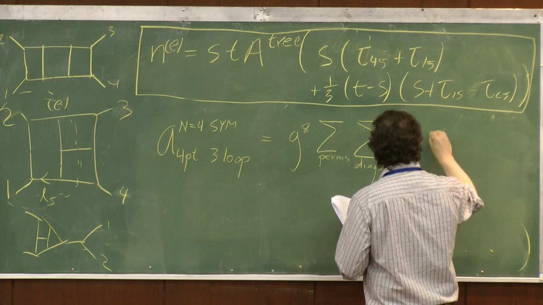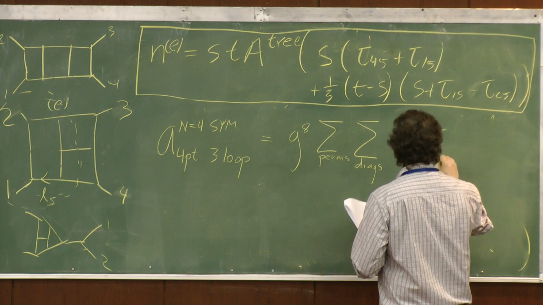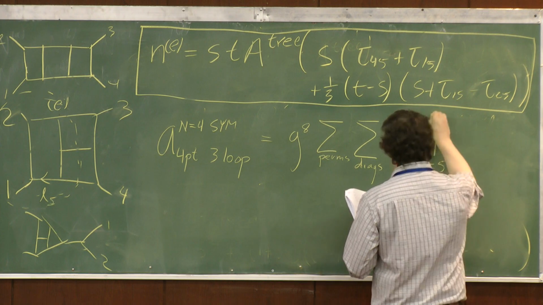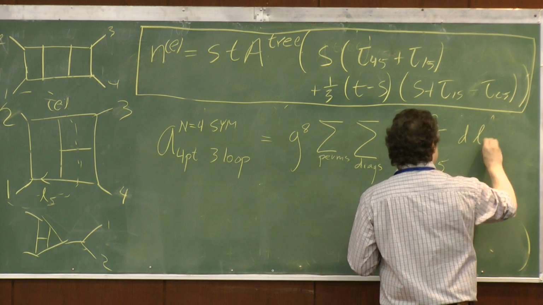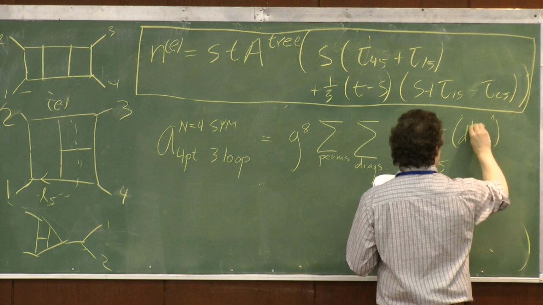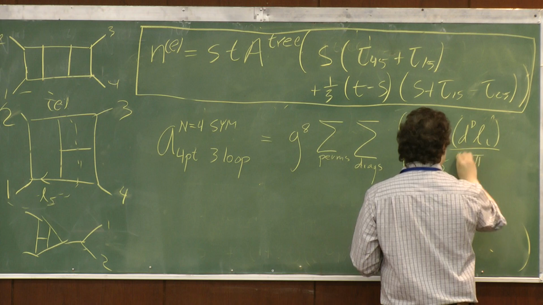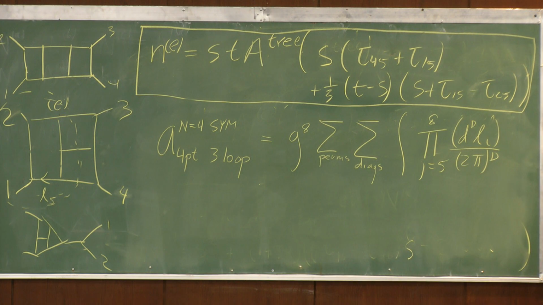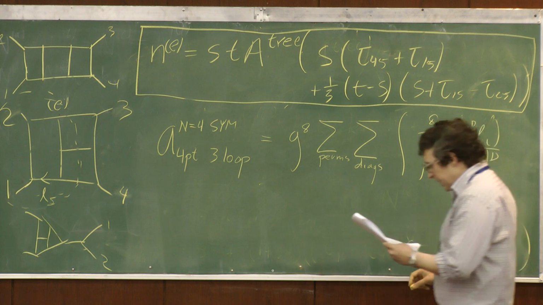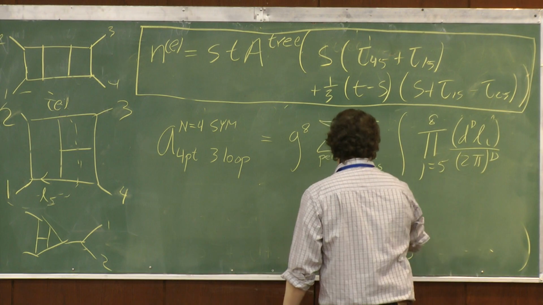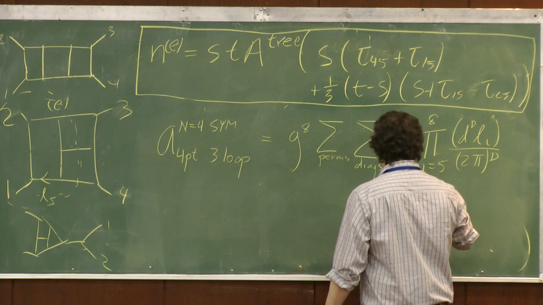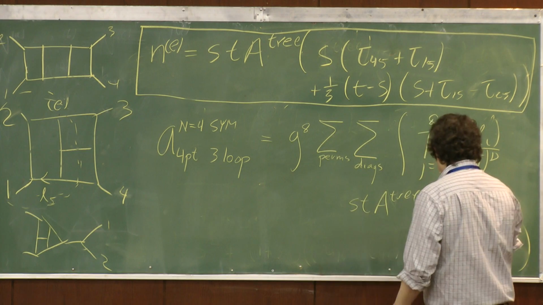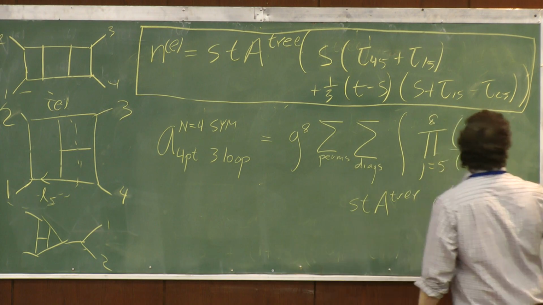And then integral from j equals 5 to 8, dli, and this is d, and then 2 pi to the d, and some normalization. Okay, and then these are labels 5, 6, 7. Then we have our STA tree. Then we have our color factors. What's the color factor?